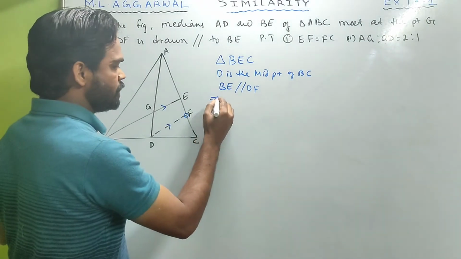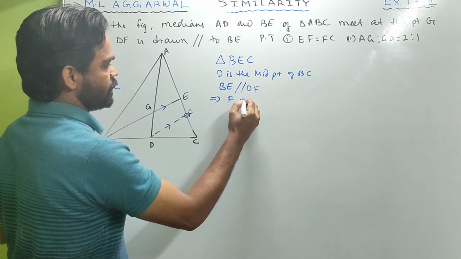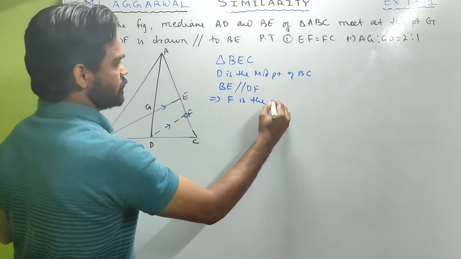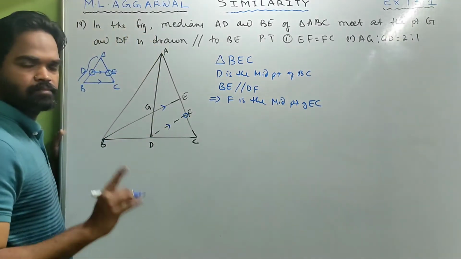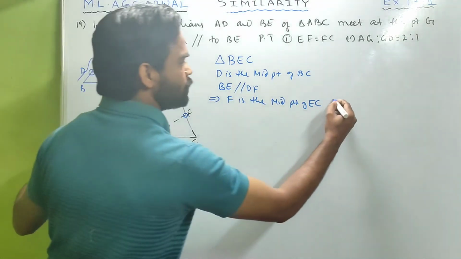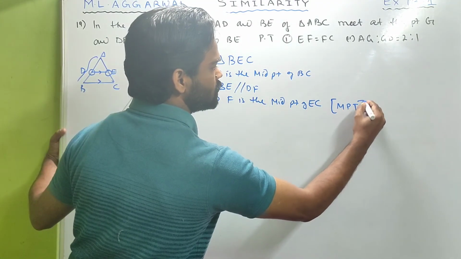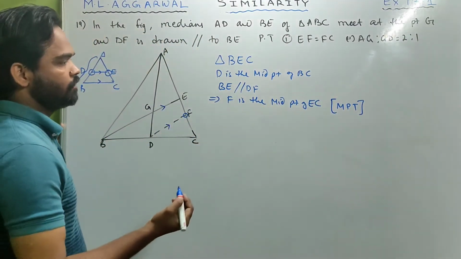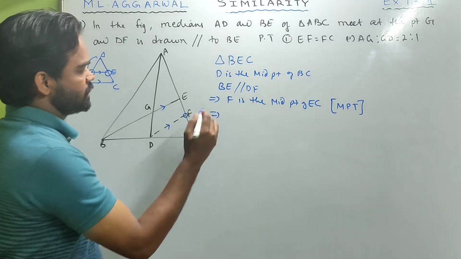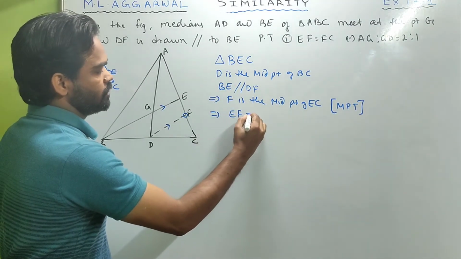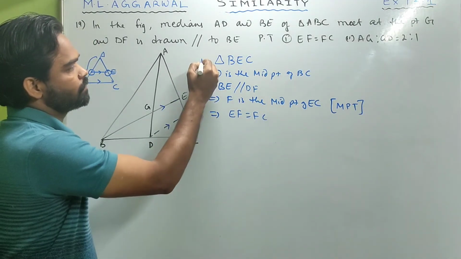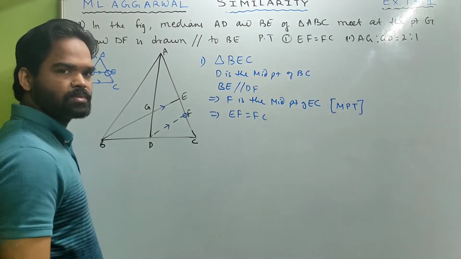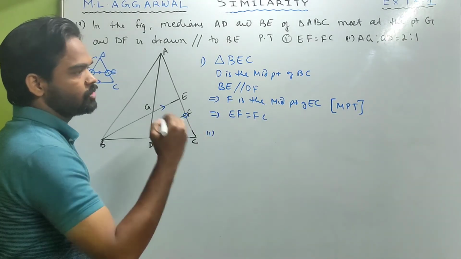Which simply means F in this case is the midpoint of EC, isn't it? Midpoint theorem, we have done it earlier, which means you can say EF is equal to FC because F is the midpoint of EC. Done. This was basically a midpoint theorem sum.